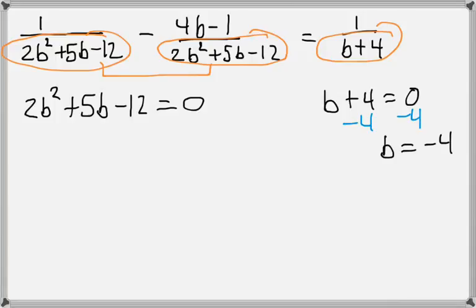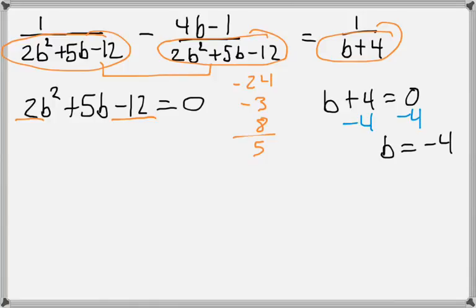This again is a times c, so we're going to take our 2 times that negative 12, which is going to give us a negative 24. Now we want to list the factors of negative 24 that are going to add together to give us a 5. Well, those factors are going to be negative 3 times 8 gives us negative 24, and they add together to give us the 5.